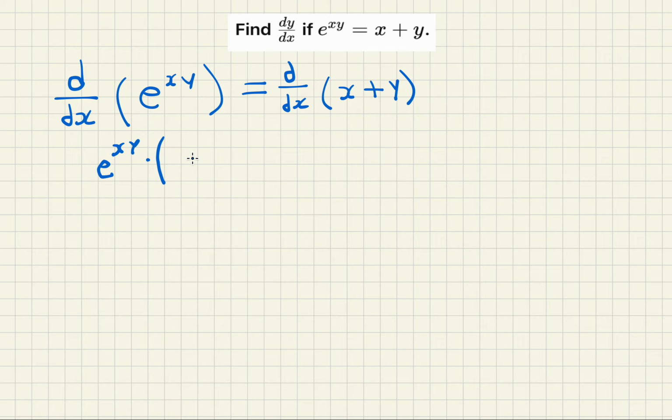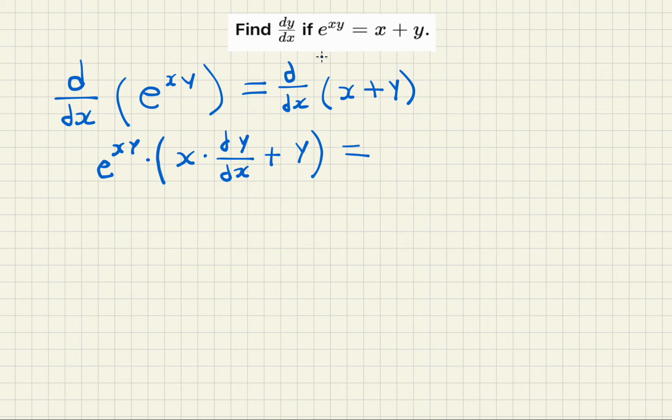We need to use the product rule, so that gives us x times the derivative of y, which is dy over dx, plus y times the derivative of x, which is 1, so y times 1 is y. The derivative of x is 1 because you're differentiating with respect to x, so that would give us dx over dx, and that is 1.